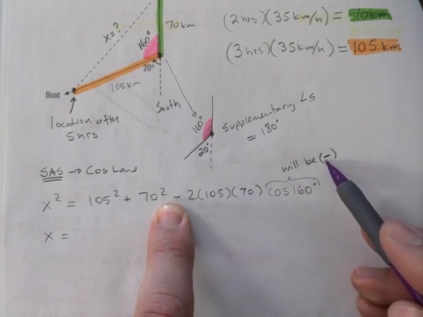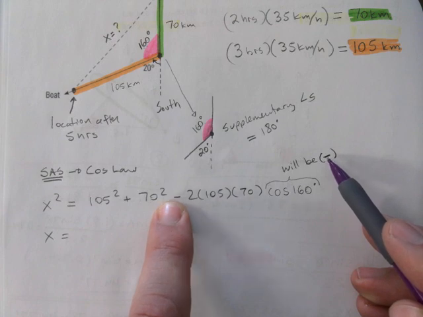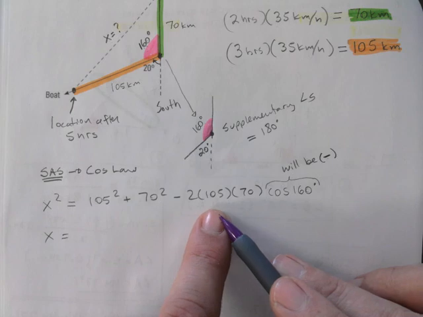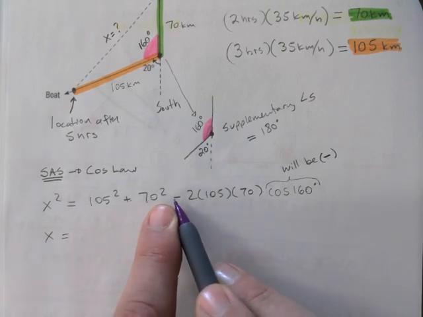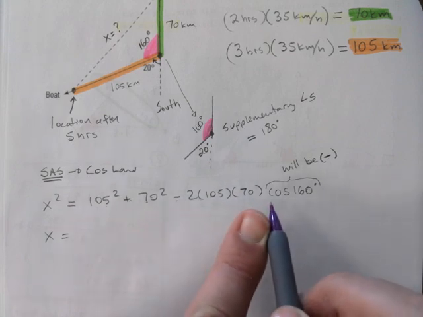I don't know if you remember from grade 9, you did a lot of the double negatives, right? These two meet and turn positive. So it's actually this plus this whole thing.